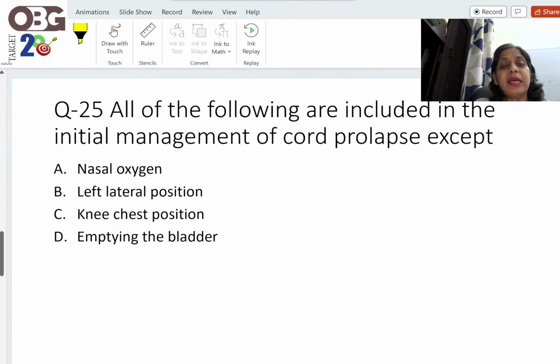Coming to the next, what is not done in the management of the cord? In the management of the cord, we will not empty the bladder. We do each and everything to elevate the cord. So if we empty the bladder, the cord will come down.